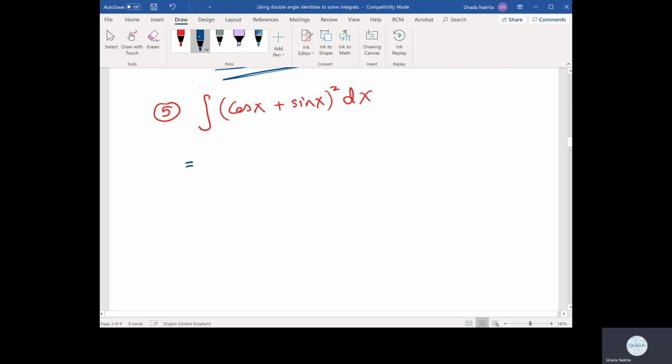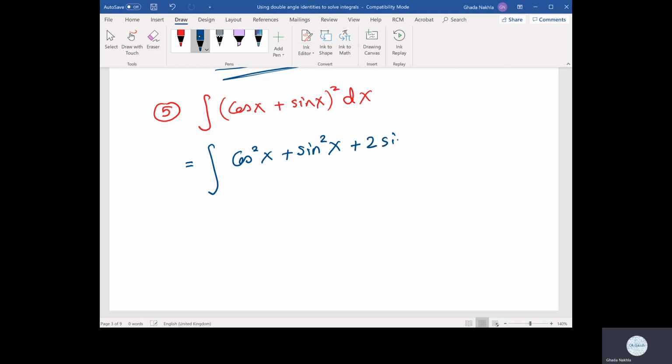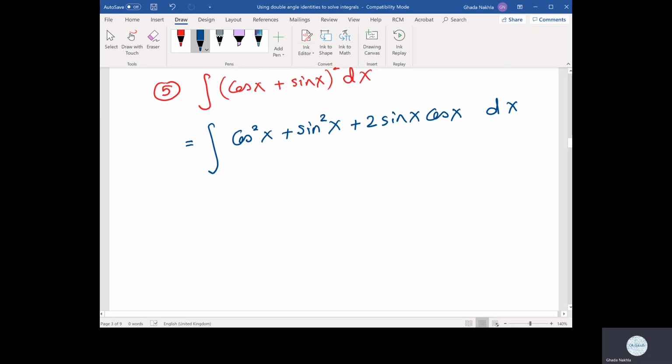So this is equal to cos squared x plus sine squared x plus 2 sine x cos x dx. And that's after you expand the brackets. I should have written the 2 sine x cos x in the middle. It doesn't really matter, but I'm just taking shortcuts. You'll find out why in a second.